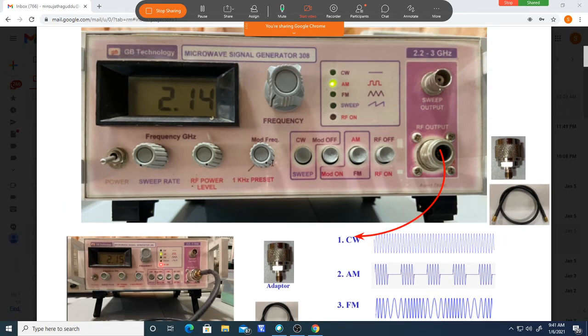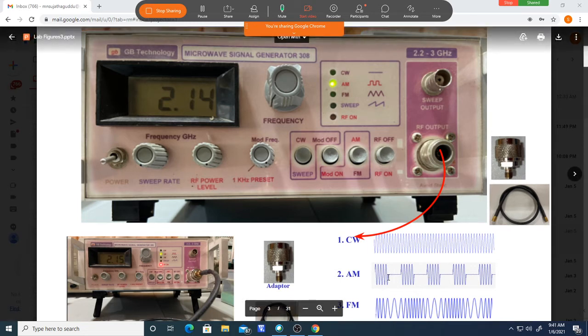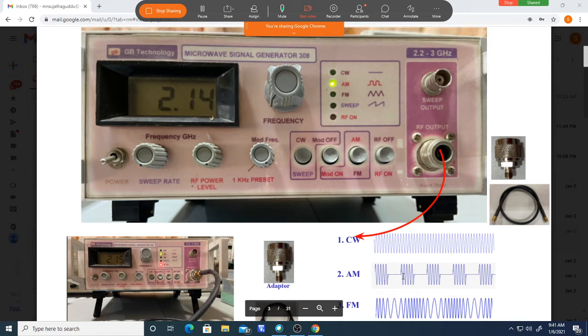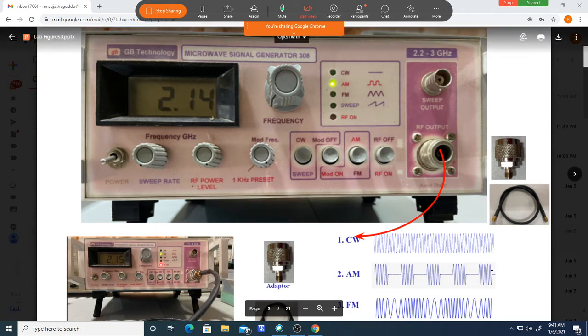Here you can vary that modulating frequency a little bit, the square wave modulation. The frequency of the square wave is around 1 kilohertz. During the positive half cycle we have a carrier, but during the negative half cycle there is no carrier. So the square wave signal frequency is around 1 kilohertz.